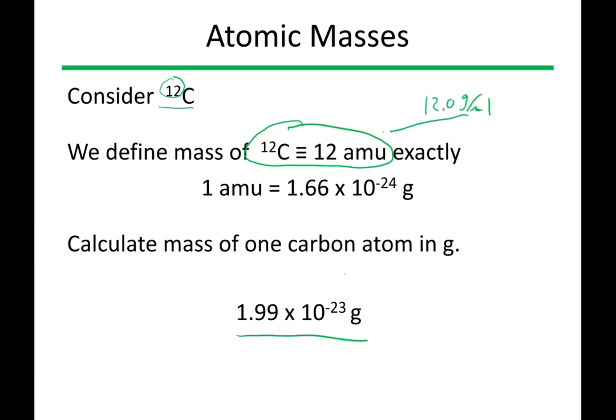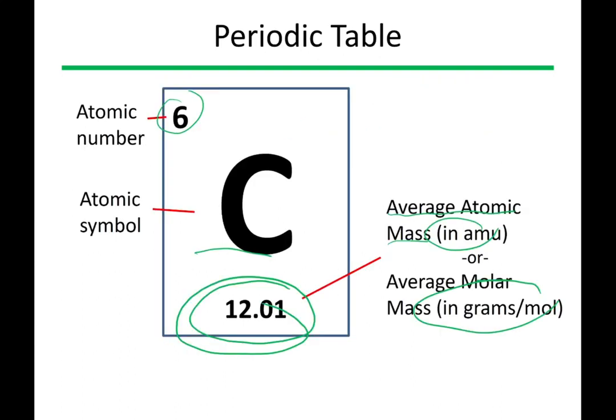And so you may notice there's an analogy here. The value for AMU is such that 1 AMU is actually equivalent to the value in grams per mole. So we can interconvert AMUs and grams per mole fairly readily. So when we see this average atomic mass in AMUs, that would mean an average carbon is 12.01 AMUs, or an average mole of carbon is 12.01 grams.